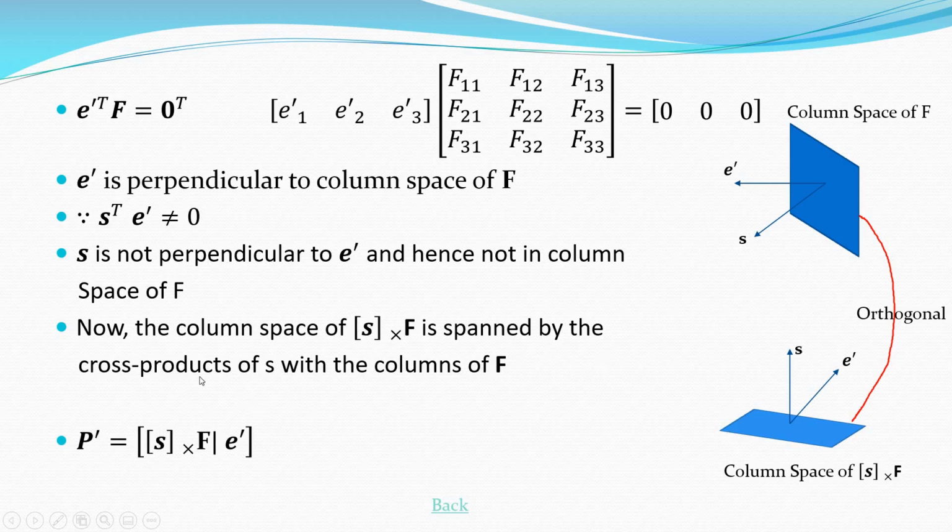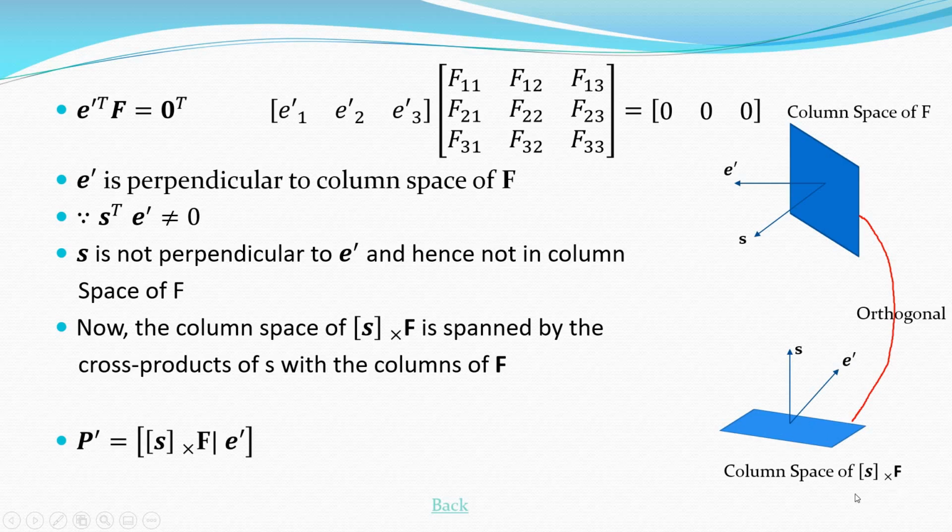So the column vectors that you get by the cross product of S and F will be perpendicular to S as well as perpendicular to F. Okay, so now since E is not perpendicular to S, that is our condition over here, E does not lie over here.